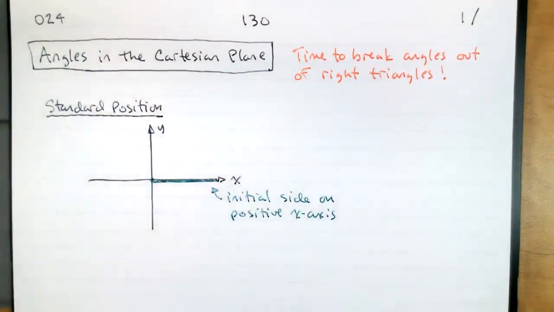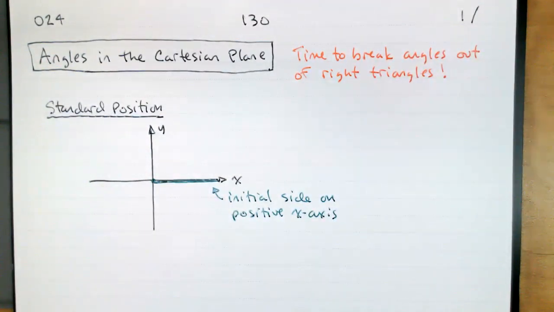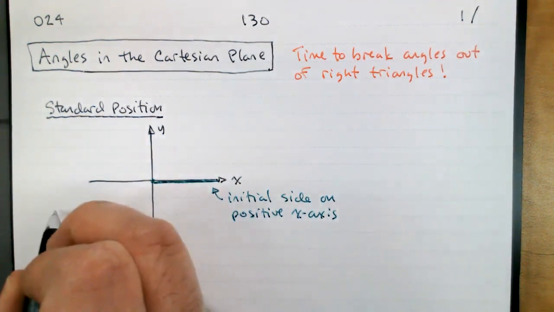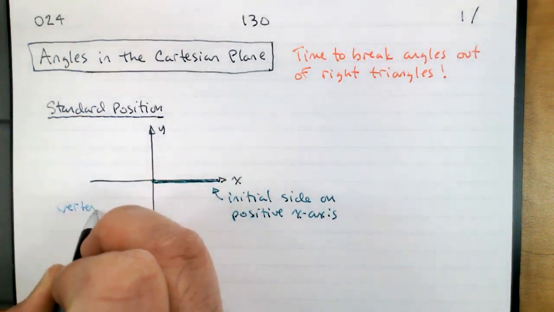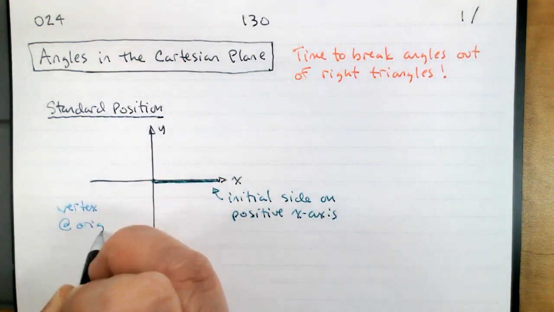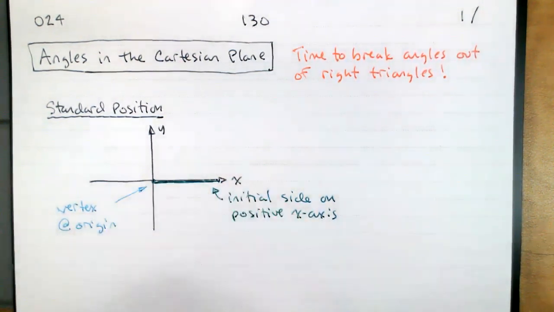Standard position starts the initial side on the positive x-axis with a vertex at the origin. Counterclockwise is going to be the positive direction. So we'll rotate counterclockwise to be the positive direction, and then we'll keep going to the terminal side.